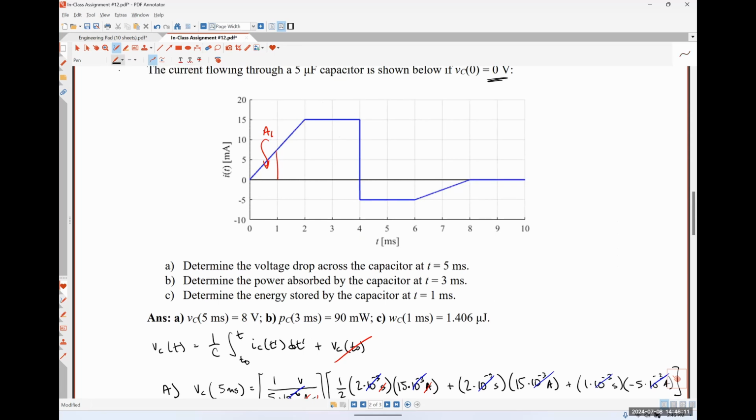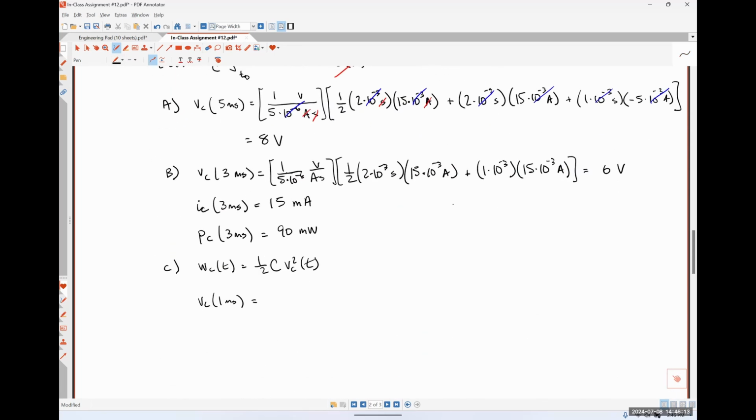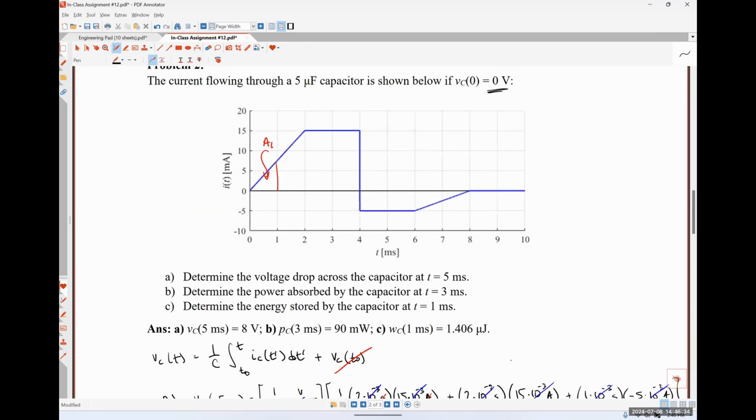So we're going to have 1 over 1 microfarad again. Our base was 1 millisecond. What's our height here?